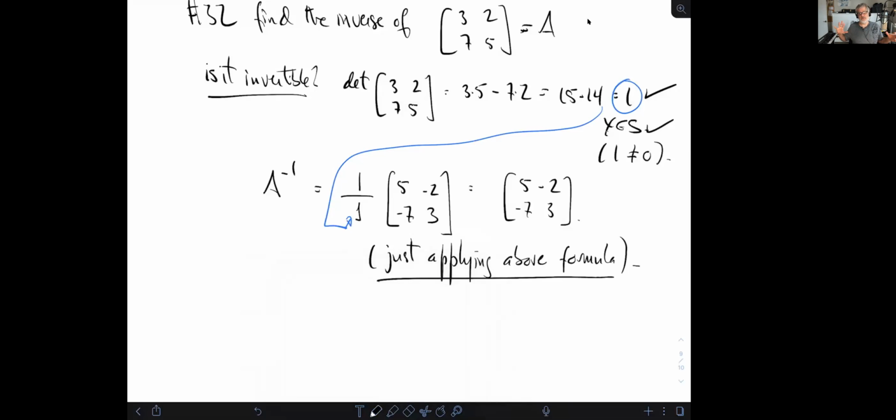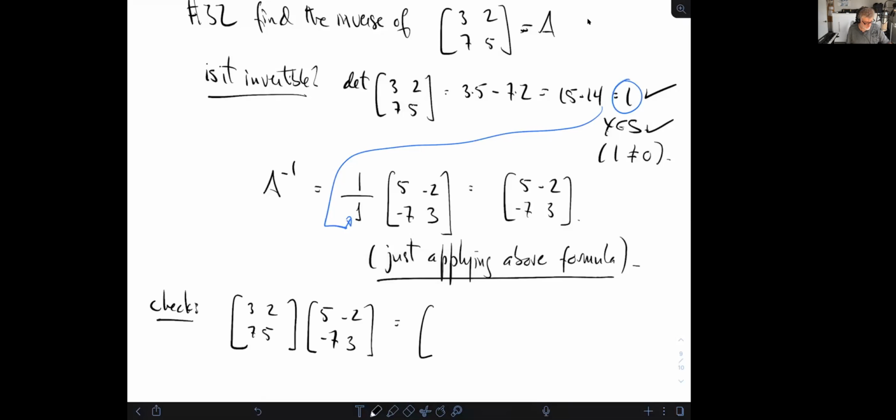So to find the inverse of a 2 by 2 matrix, we have a formula. You compute the determinant. If it is 0, the matrix is not invertible. It has no inverse. It is impossible that it has an inverse. If its determinant is not 0, it does have an inverse, and it's given by that formula. And we could check. Let's multiply A, which was given, 3, 2, 7, 5, times 5 minus 2 minus 7, 3.